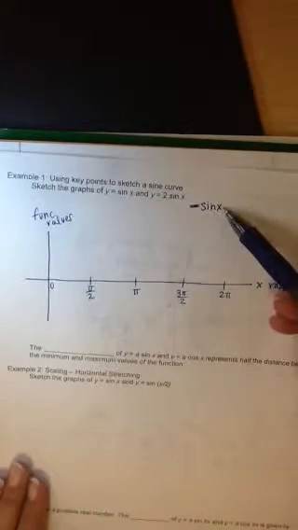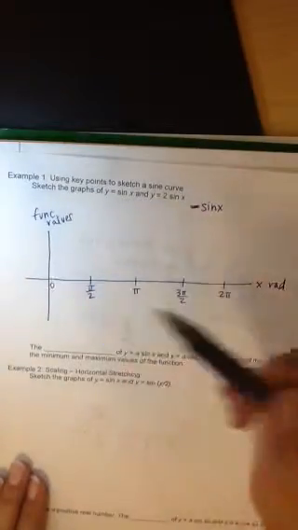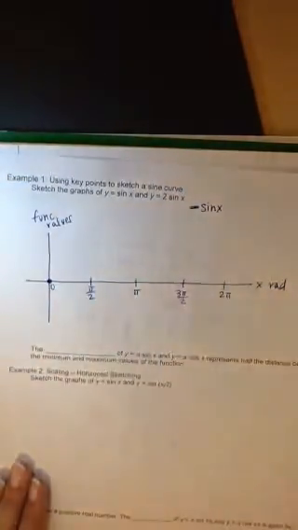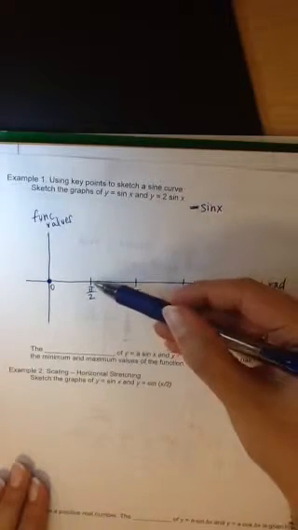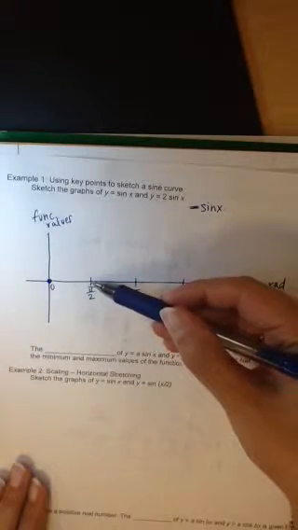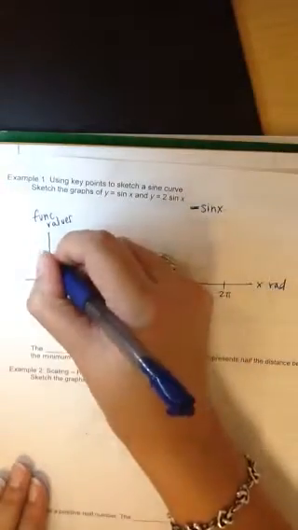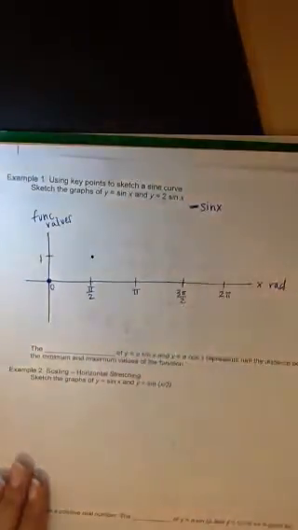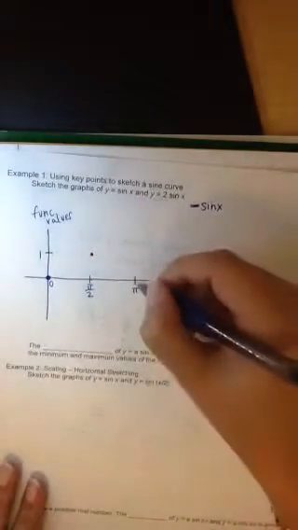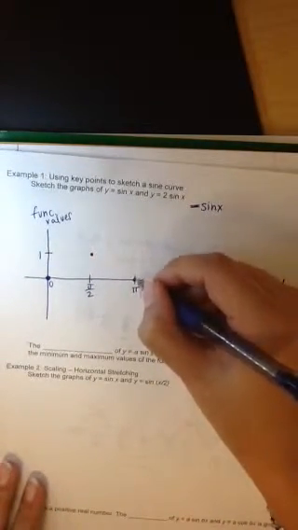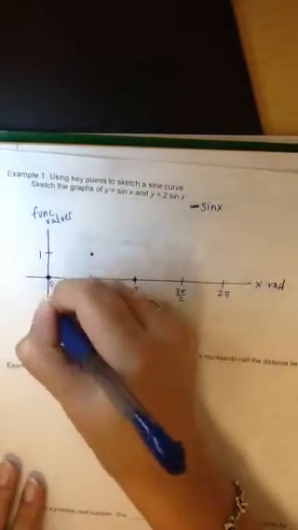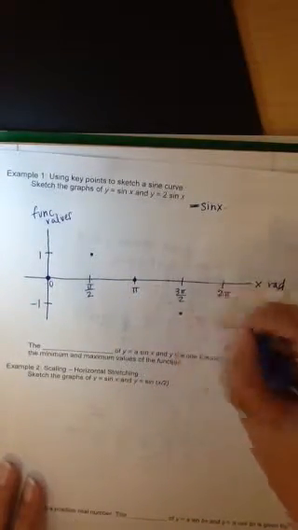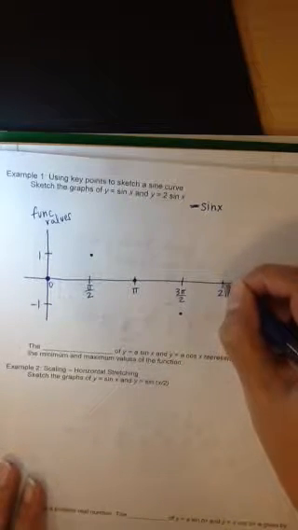So for the first one, sine x, at 0, my first ordered pair should be what? 0, 0. At pi over 2, sine has a function value of 1, so at pi over 2, I'm going to plot a y value of 1. At pi, it's an intercept, followed by my minimum, followed by an intercept.